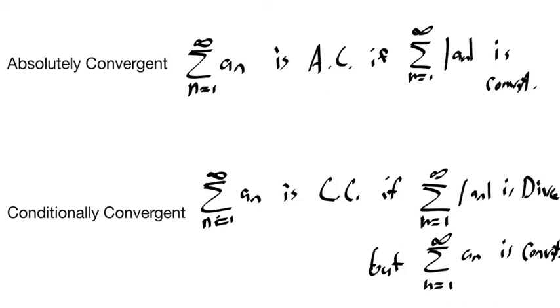Okay, well that basically gives you a suggestion that maybe it's easier to be conditionally convergent than absolutely convergent, and you are correct about that.